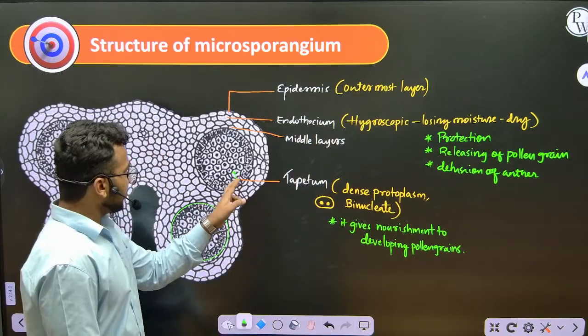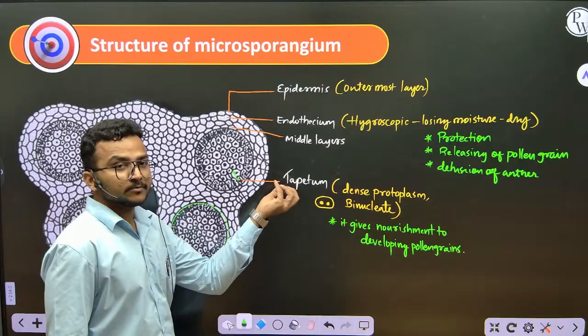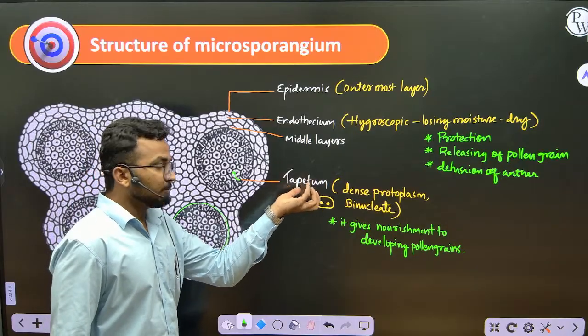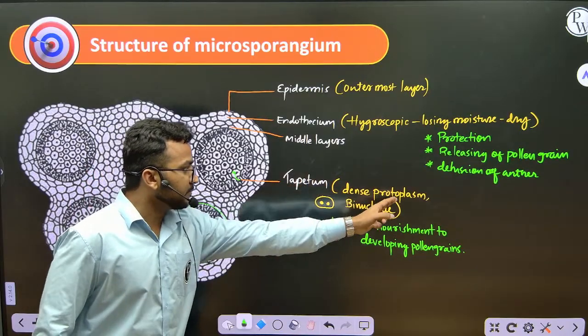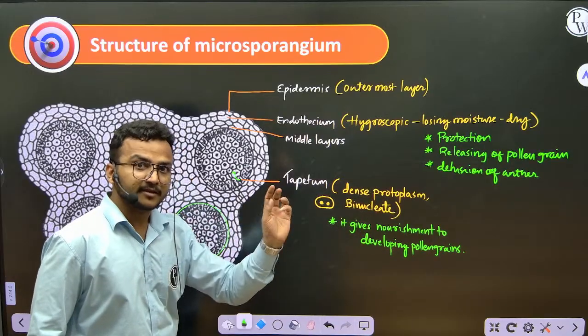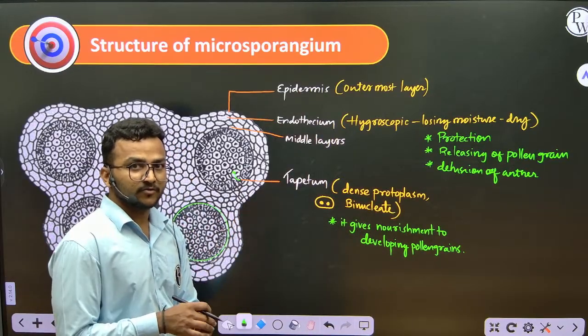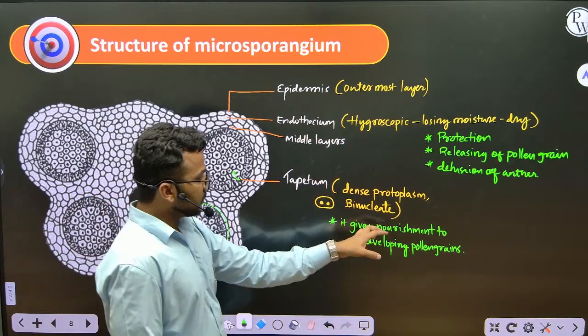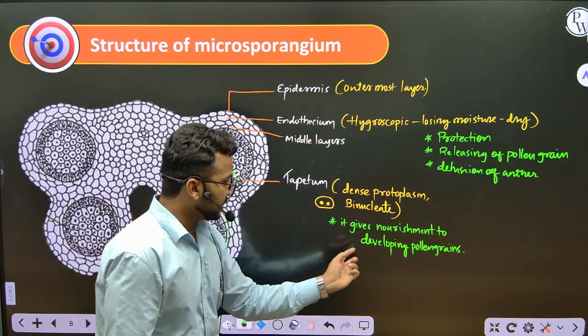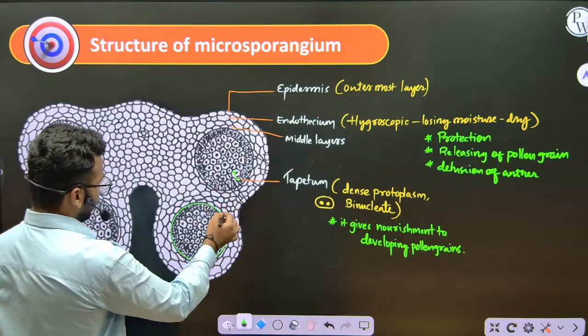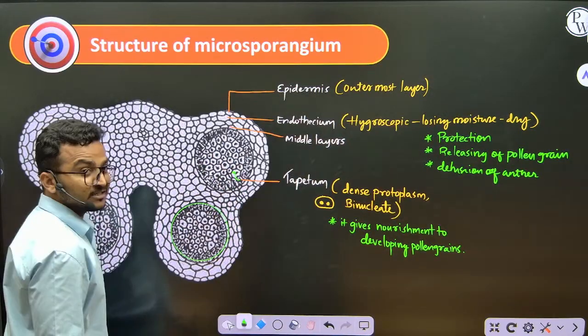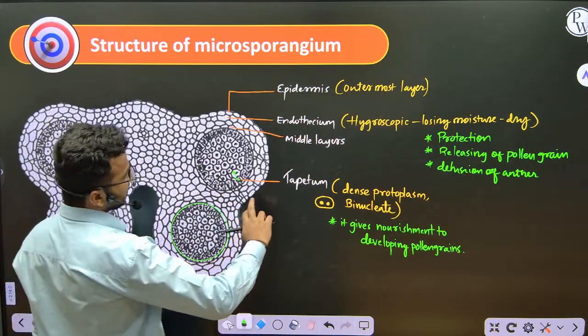There is an abundance of food storage because of the dense protoplasm, so it has a very good amount of food. It will give that food in the form of nourishment to these developing pollen grains, because the sporogenous tissue is within that.